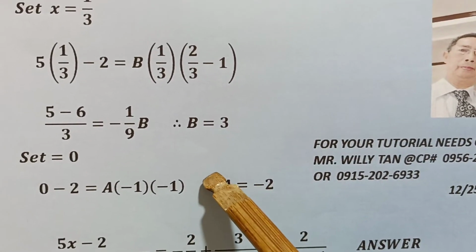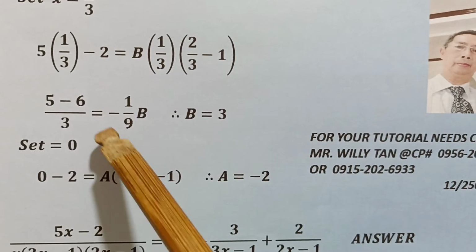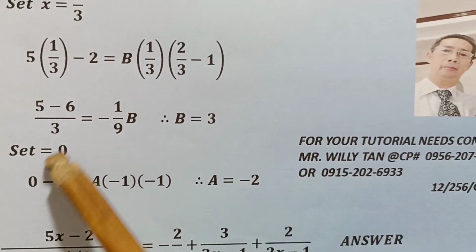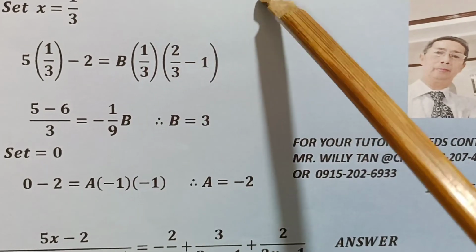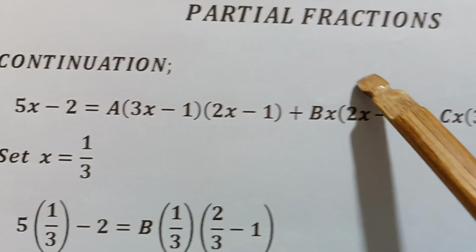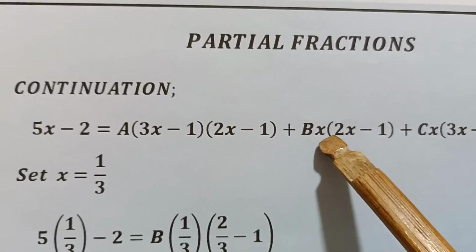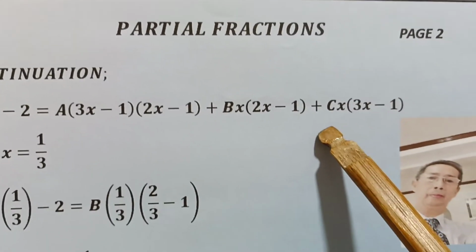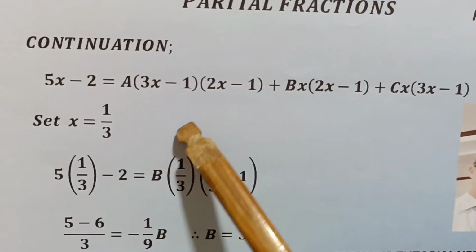So we are now ready to get the value of a by setting x equal to 0. If we set x equal to 0 here, we're getting rid of the variables b and c. So this portion here becomes 0. What remains is this portion here.